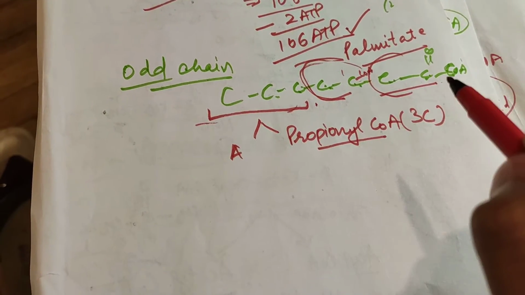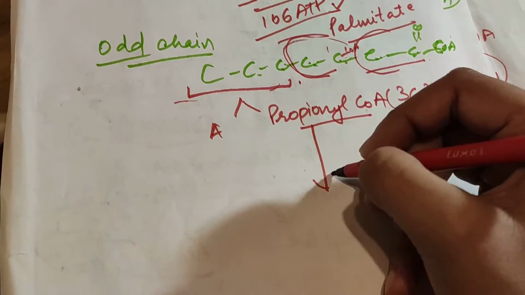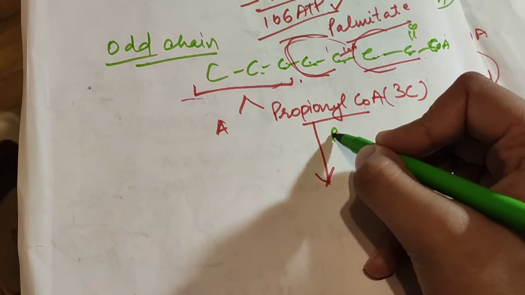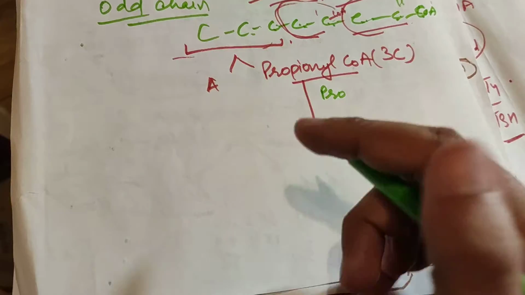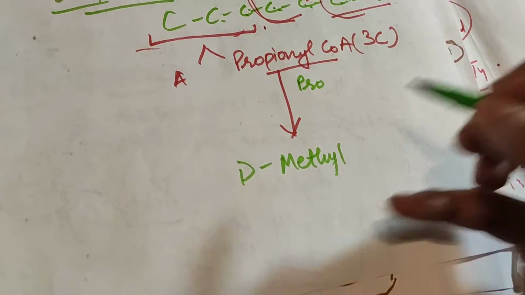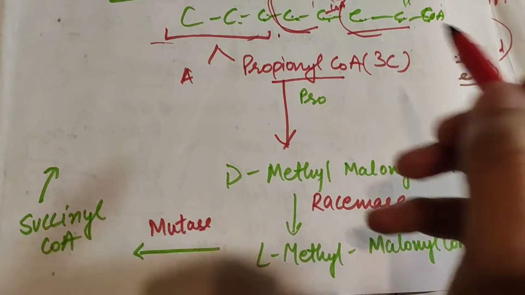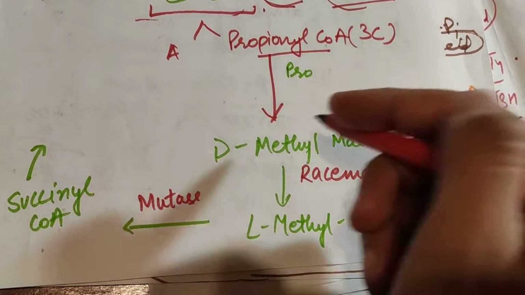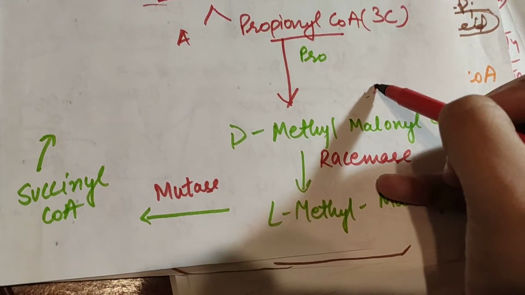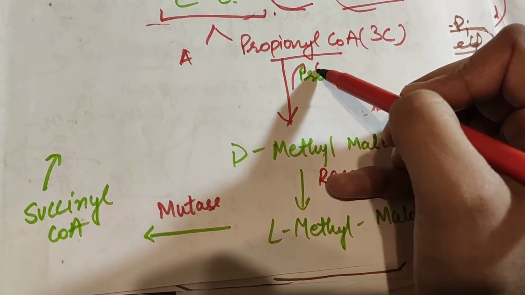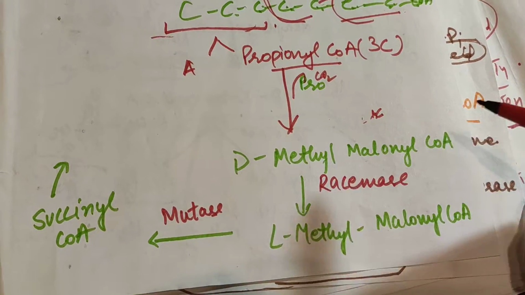Now this propionyl coenzyme A will be converted by an enzyme into the D form of methylmalonyl coenzyme A. Malonyl is a 4 carbon compound, so you have to add carbon dioxide, obviously, because it goes from 3 to 4 carbon.